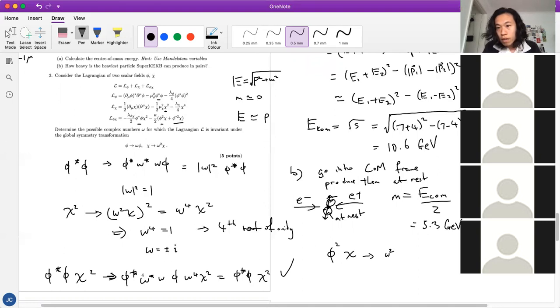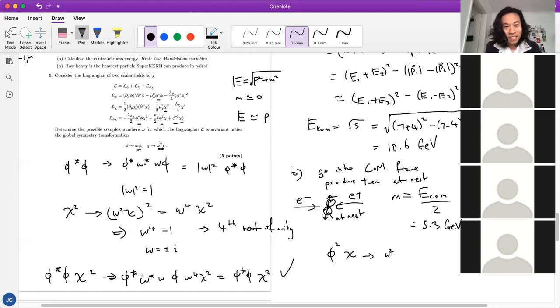Doesn't omega equal plus or minus 1? That also works. It might. I think because then this will be trivial, and this will be almost trivial.